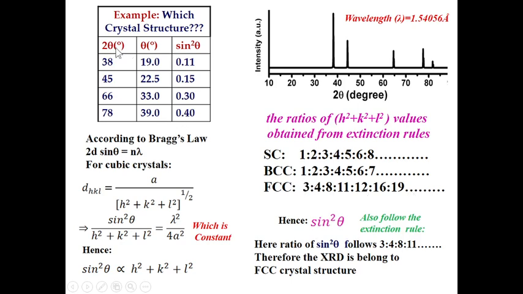That means we have the 2θ values where the peaks were observed. From 2θ we determine θ, and from θ we can determine sin²θ. Now, as h² + k² + l² has to follow this ratio, sin²θ also has to follow the same ratio.